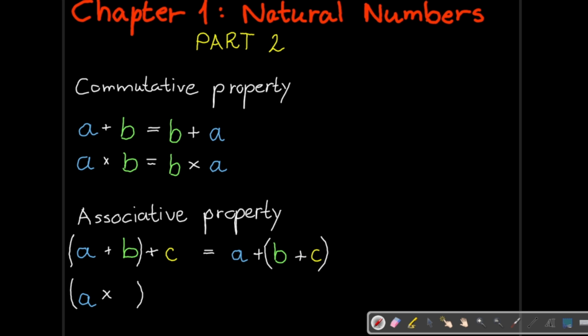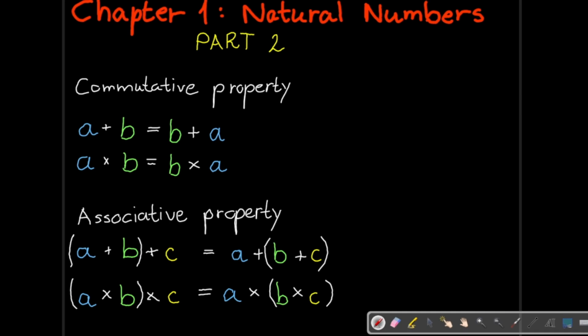A times B. We can multiply numbers A and B first, and then multiply them by C. Or we multiply numbers B and C first. So we calculate B times C first, and then multiply the result by A. That will give us the same answer every single time.